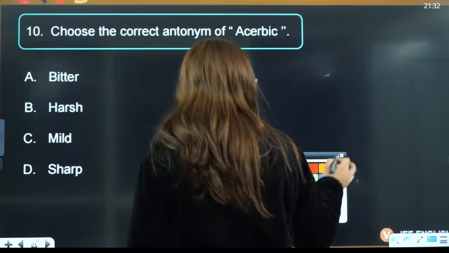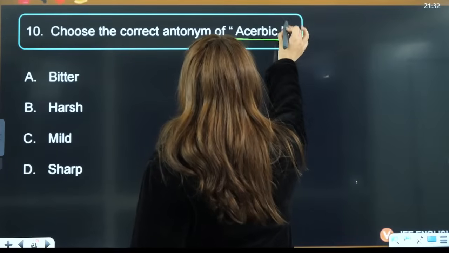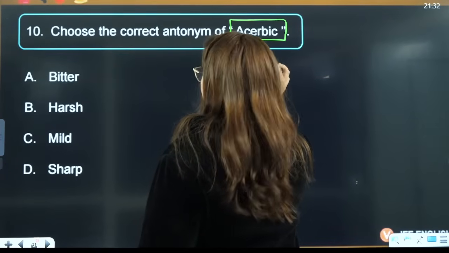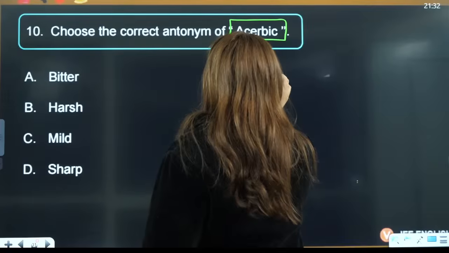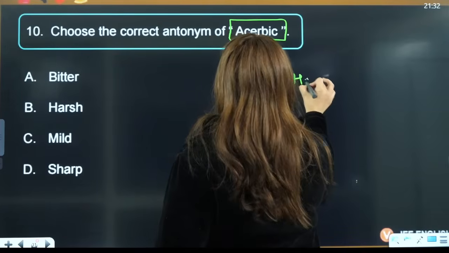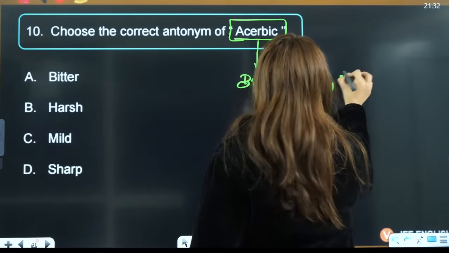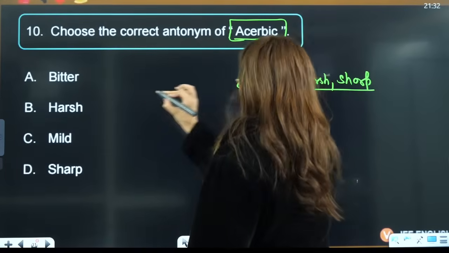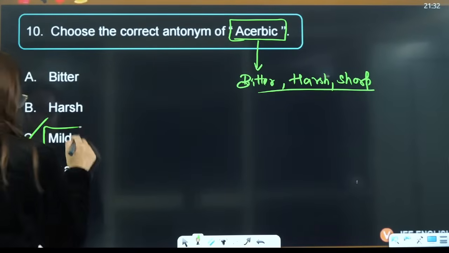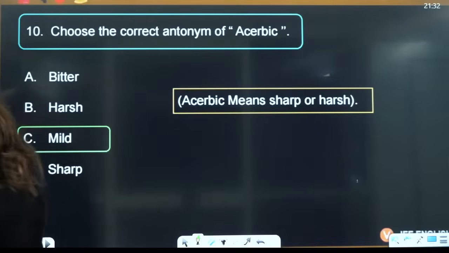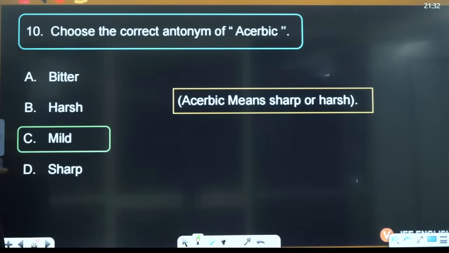That means acerbic means bitter, harsh, sharp. These are all the synonyms. Opposite is mild. Got it now how I am doing this?